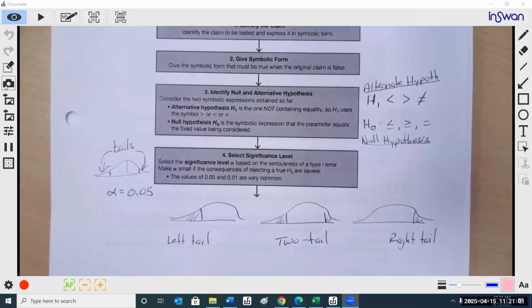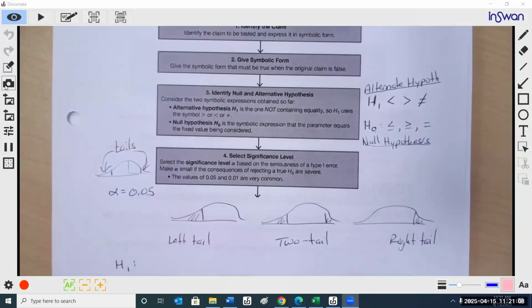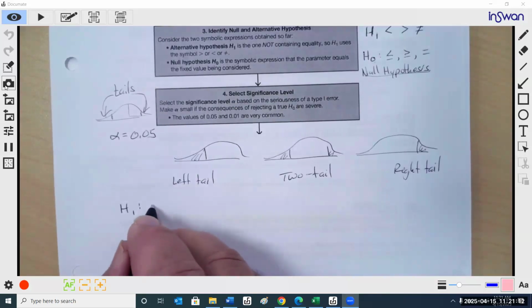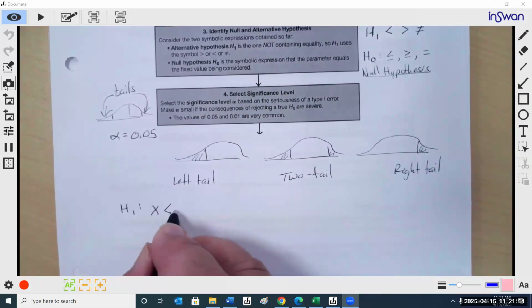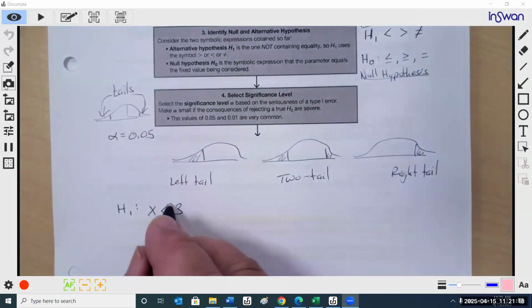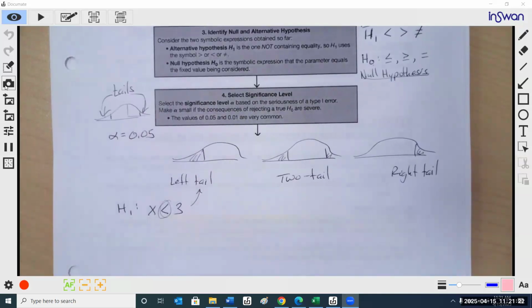Now, the one that determines which one you're using is the alternate hypothesis. Because what if your hypothesis said something like that? Because it's pointing to the left, this one is a left tail test.